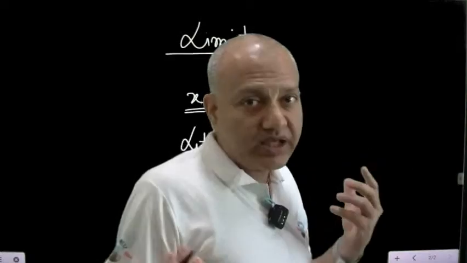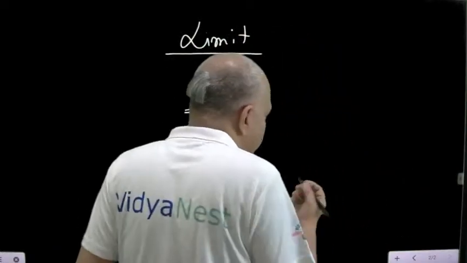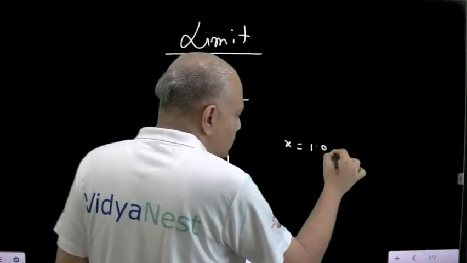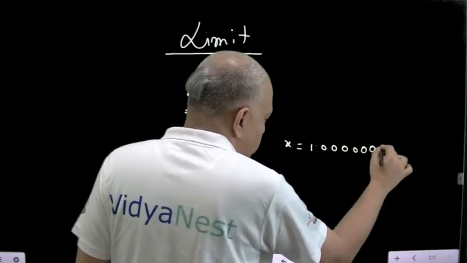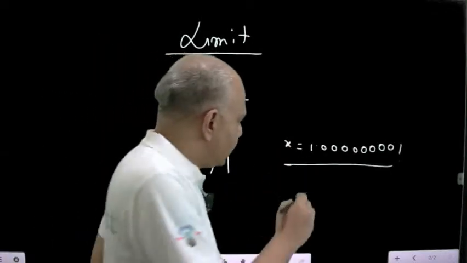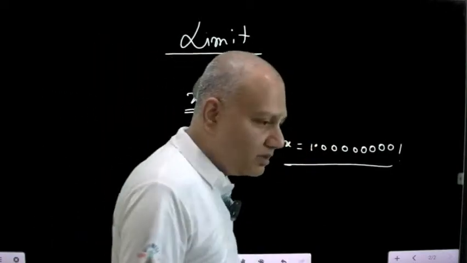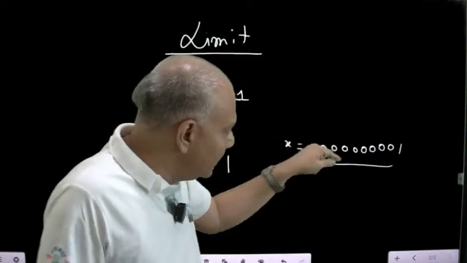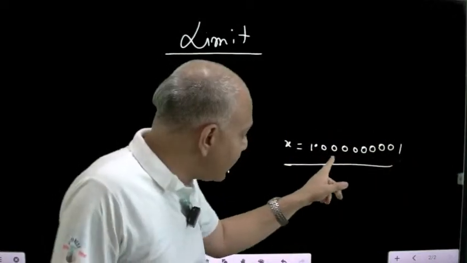means extremely near to 1. What can I say? Just like I can tell that x has a value 1.00000000001. This decimal point is there, you have to think, so x has a value a little bit more than 1, but it is extremely nearer to 1.